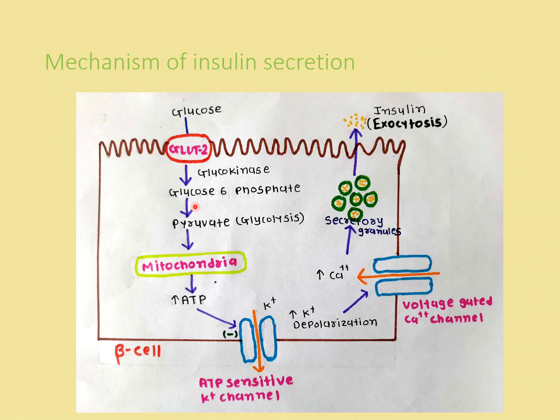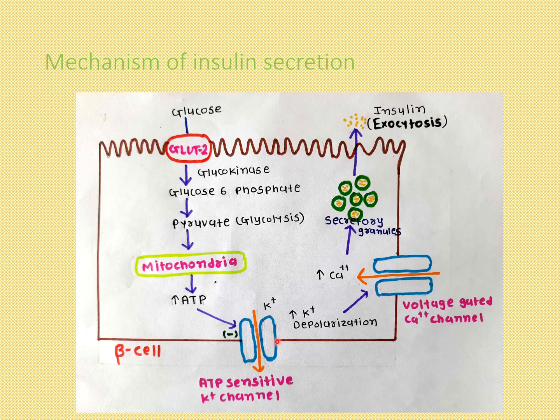It is converted into pyruvate and glycolysis goes on. In mitochondria, as a result of glycolysis, there is generation of adenosine triphosphate, so increase in the ATP. Now you can see this channel.